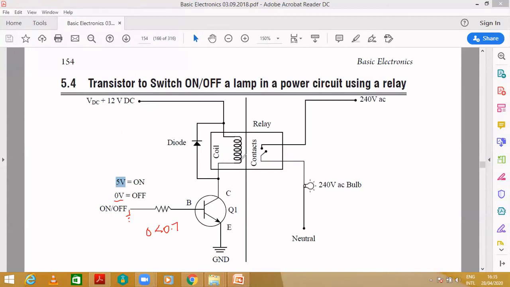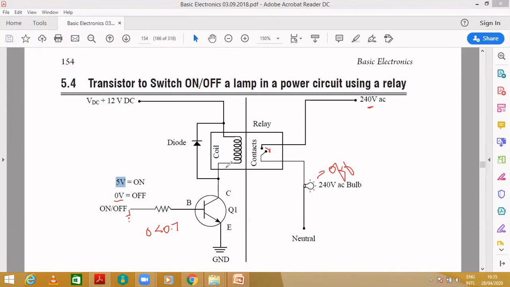The coil which was charged will suddenly start discharging. At that time the contact will be open. Automatically, whatever 240 volt you are giving will not be supplied to this bulb, and the bulb goes to an off state because there is no connection.